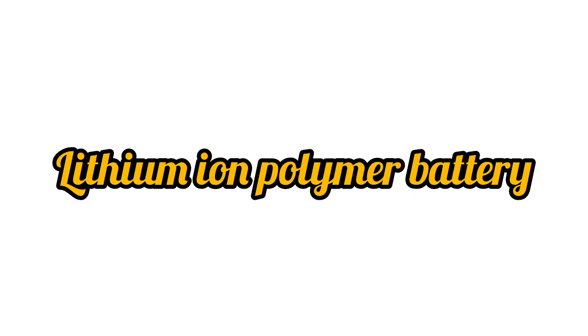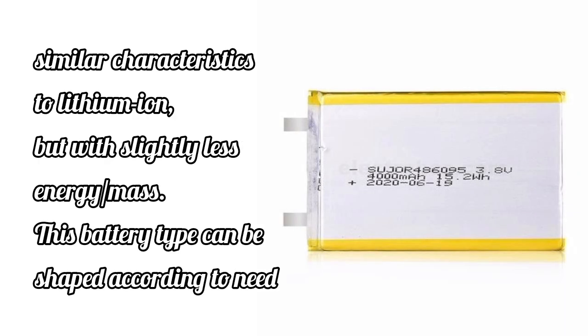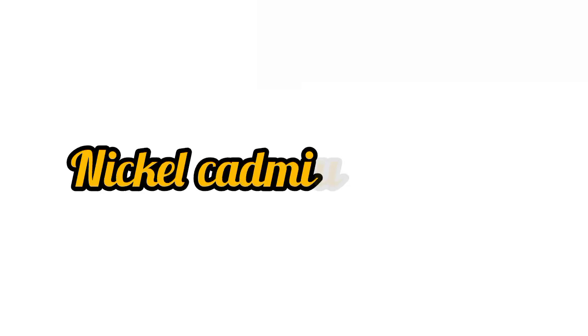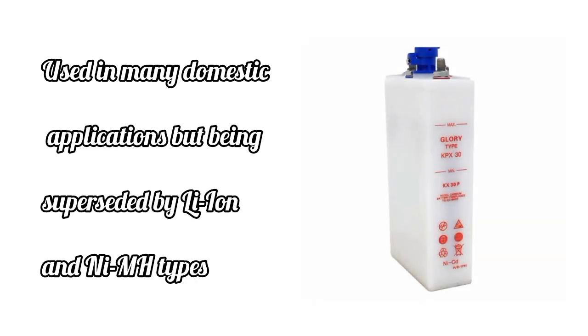Lithium-ion polymer battery has similar characteristics to lithium-ion but with slightly less energy density. This battery type can be shaped according to need. Nickel-cadmium battery, used in many domestic applications but being superseded by Li-ion and NiMH types.